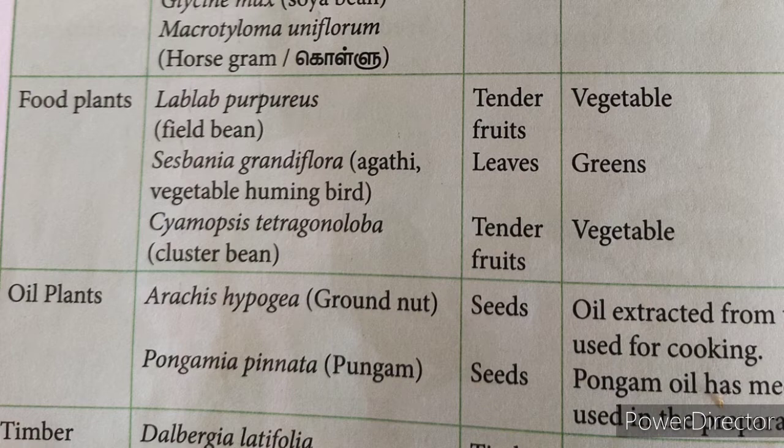From the seeds of Arachis hypogaea, as you all know, they extract oil, and the seeds are also edible, and the oil is used for cooking. Pongamia pinnata seed oil has medicinal value, and it is also used in soap making. So this family Fabaceae also provides us oil.